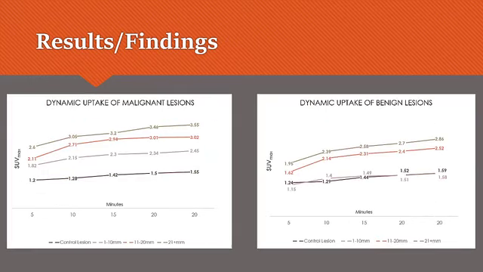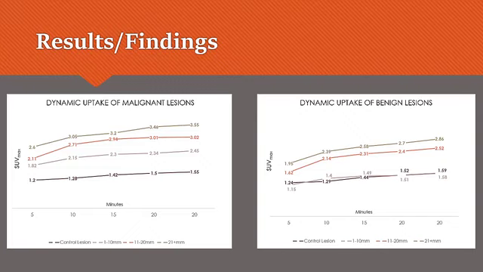For both malignant and benign lesions, the data demonstrated that larger sized lesions have a higher SUV max and smaller sized lesions have a lower SUV max for all time points. The curves also demonstrated that malignant lesions have higher SUV maxes at all time points compared to the mean SUV maxes of benign lesions.